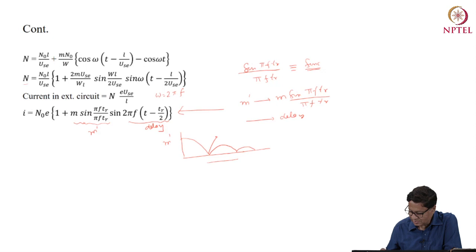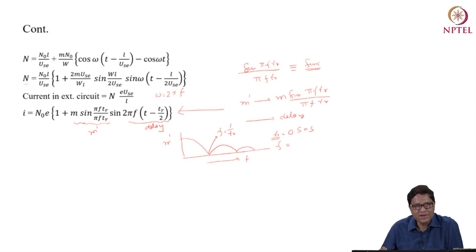and basically this is say f, and this f is equal to 1 by tr. So you can take the value of tr as some 0.5 nanosecond, and accordingly you can calculate the value of f. So that actually becomes the response time of the device. So it basically depends on the transit time, and the contribution to this transit time is coming from both drift as well as diffusion.